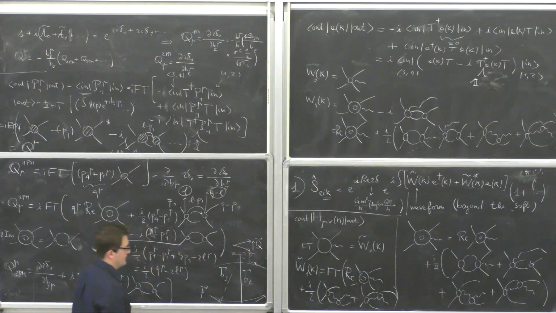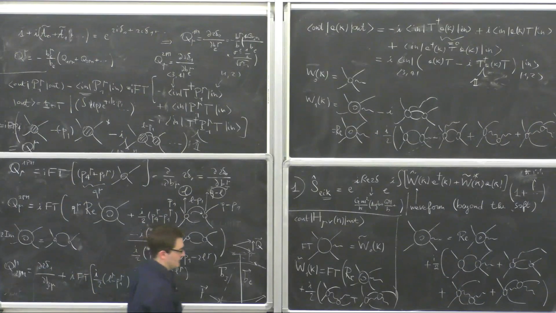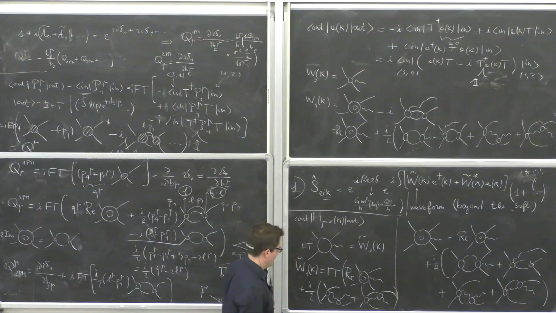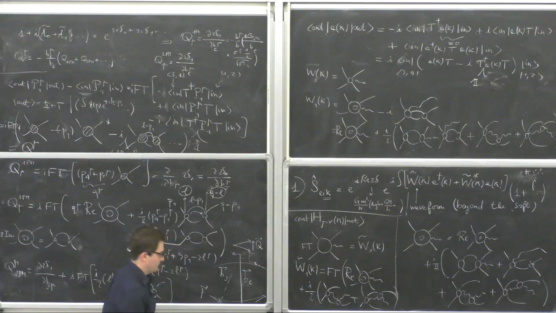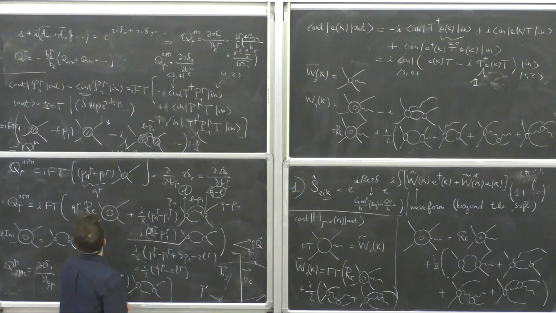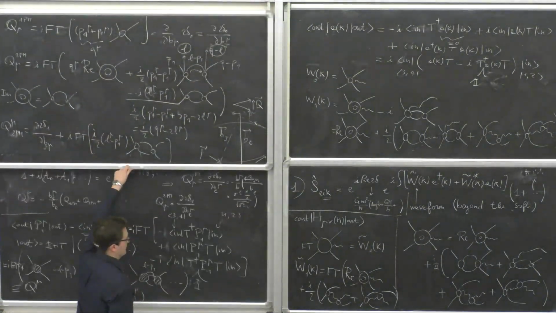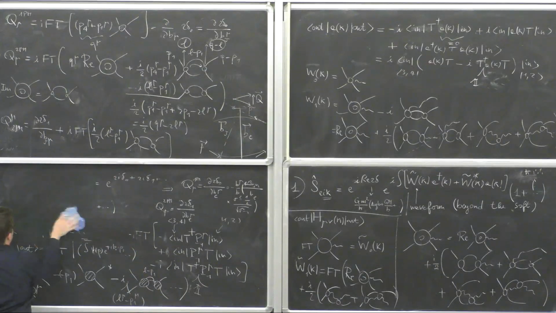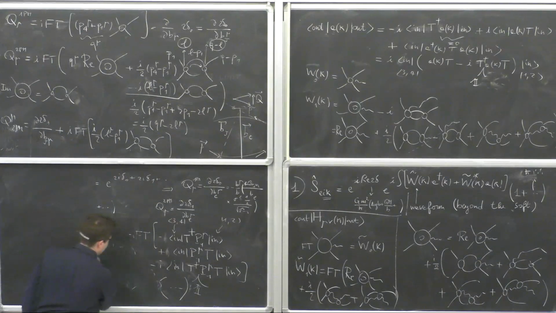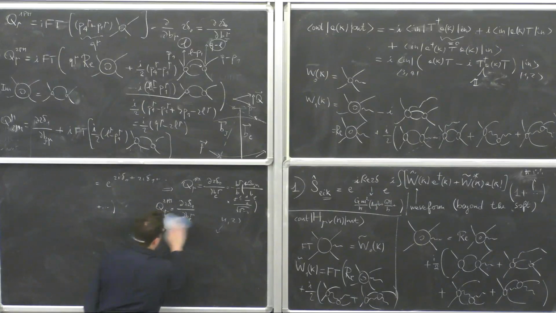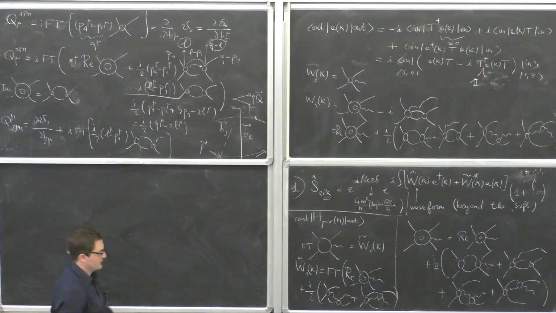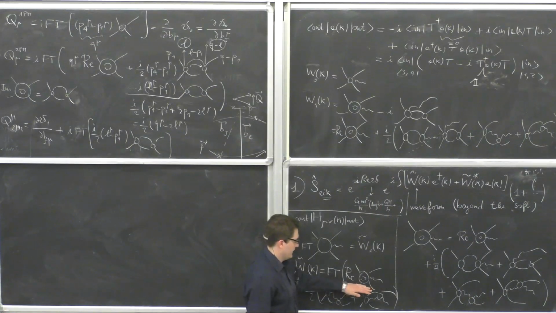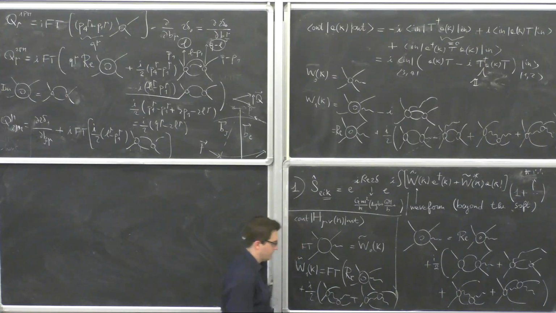Maybe one last thing I wanted to say, which is somehow on topic with this school, is that one has to be careful about these guys because they are very much infrared sensitive and also have to do with the super translations, in a way that I will try to convey in a few minutes now. So the first issue is that while this guy here is infrared safe, these two guys have an infrared divergence.